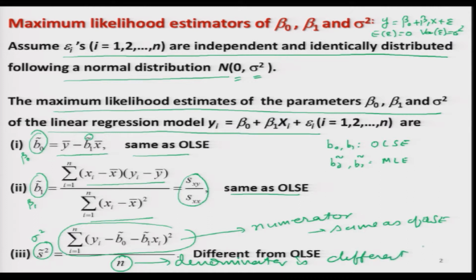In case of the ordinary least square estimator, this denominator was n minus 2, but here it is n. So, the maximum likelihood estimators and ordinary least square estimators of beta 0 and beta 1 are the same, whereas the ordinary least square estimator of sigma square and the maximum likelihood estimator of sigma square are different.